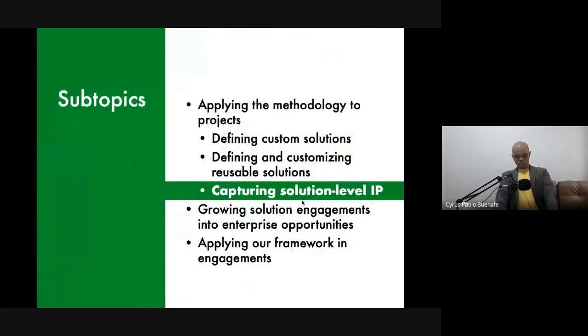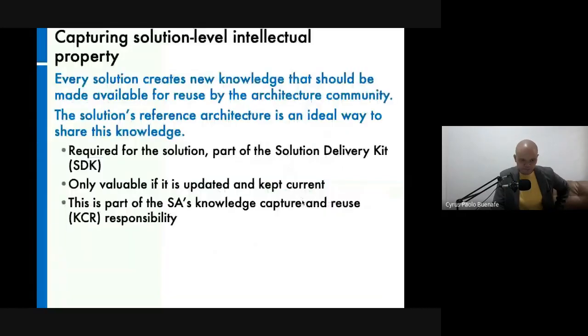Now, we go to the last item in the reusable solution lifecycle, which is capturing solution level intellectual property. Every solution creates new knowledge that should be made available for reuse by the architecture community.